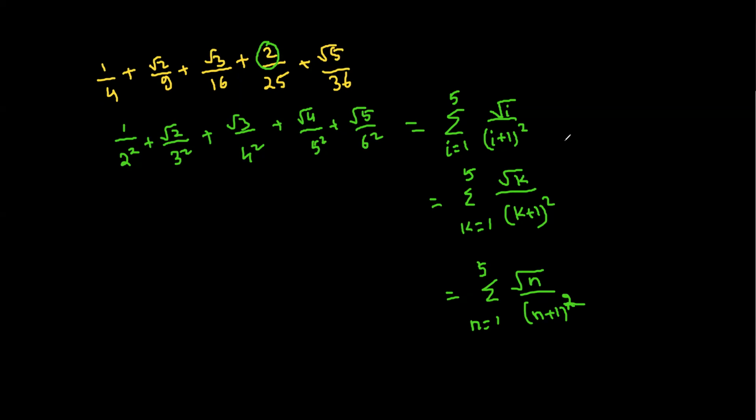So i is called dummy variable. Dummy variable means in the place of i you can use k, n. Understood? Yes, understood.